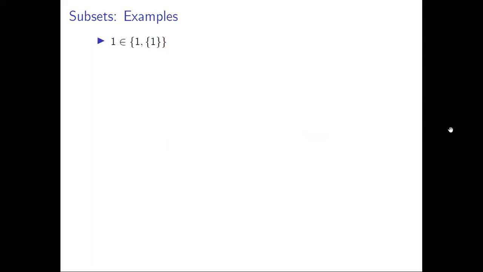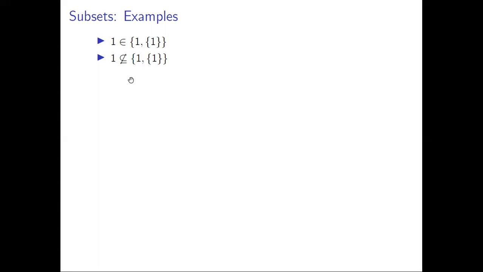Okay, some examples involving subsets. We're going to have to make sure we understand each one of these. So first, the number 1 is an element of this set, right? Why? It's that element right there at the beginning. So that makes sense. Now, however, 1 is not a subset of this set.